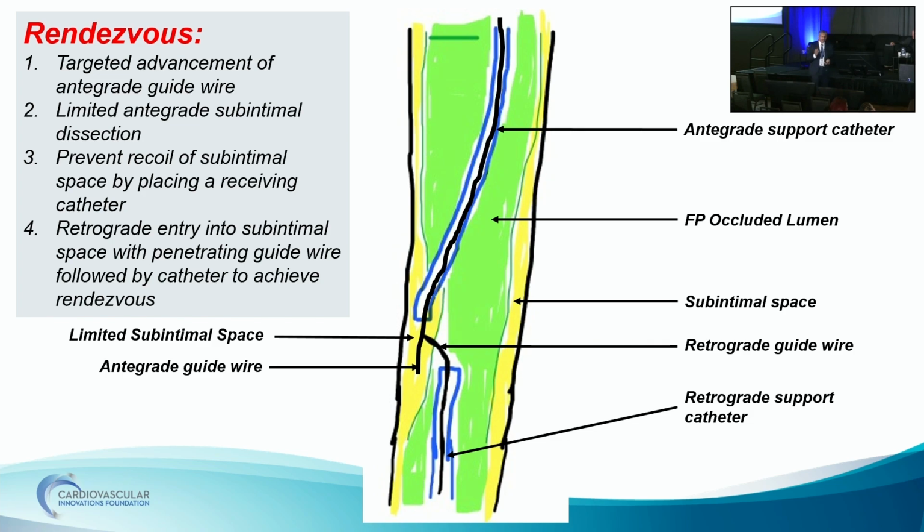You do targeted advancement of an antegrade guide wire. If you happen to cause a limited subintimal dissection, then prevent recoil of the subintimal space or filling it up with blood by placing a receiving catheter. And you will then place yourself in the best position to come retrograde and create a rendezvous and yet not give up that option.